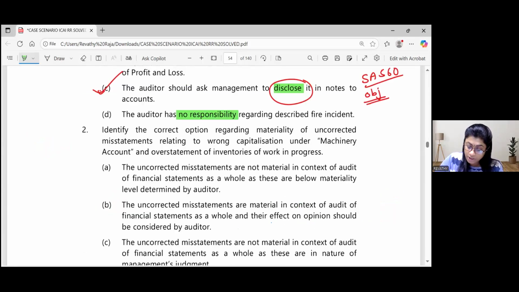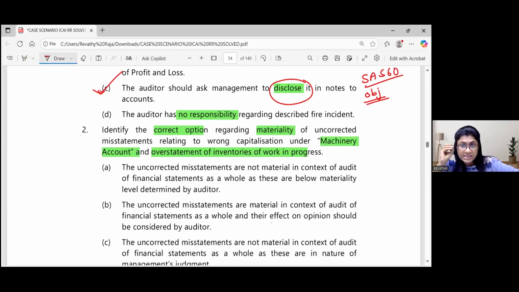Identify the correct option regarding materiality of uncorrected misstatement relating to wrong capitalization under machinery account and overstatement of inventory of work in progress. Now, how many misstatements did you see in this question? Two, right? One is machinery, some wrong capitalization. Second is regarding inventory.